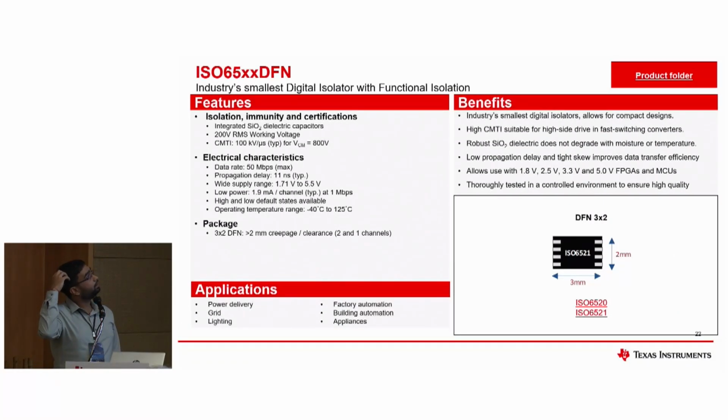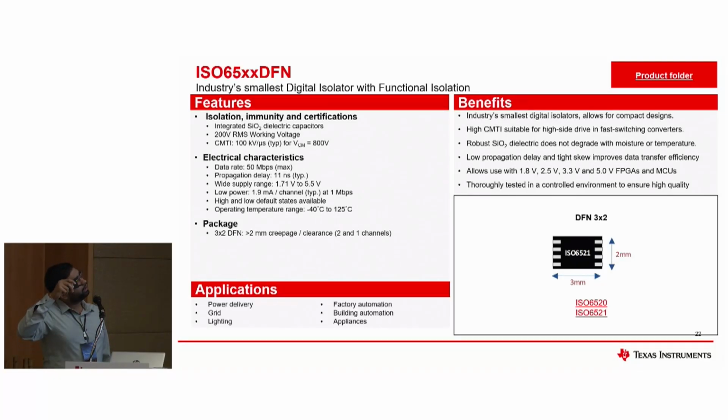Coming to the functional isolators, that is the industry's smallest footprint isolator, and it has a 200 volt RMS working voltage, which is sufficient for breaking the ground loop, but the technology itself is not sufficient to block any electrical shock.